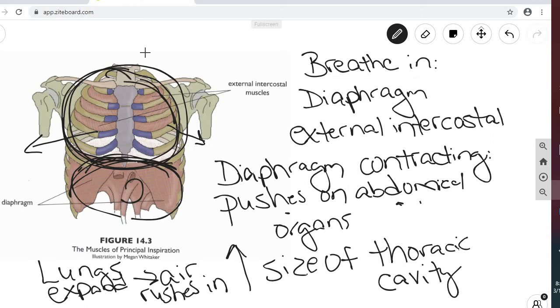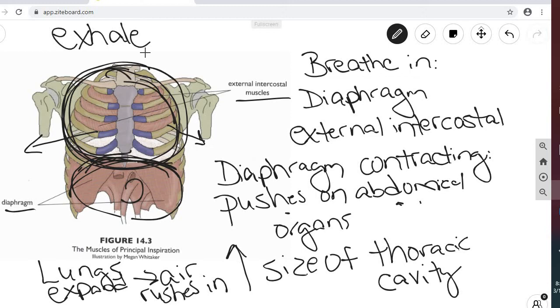When you exhale, all that happens is that those same muscles relax. So the diaphragm and the external intercostals relax, and when they relax, the size of this cavity decreases.